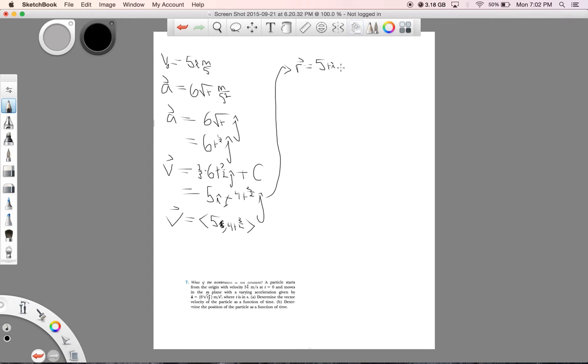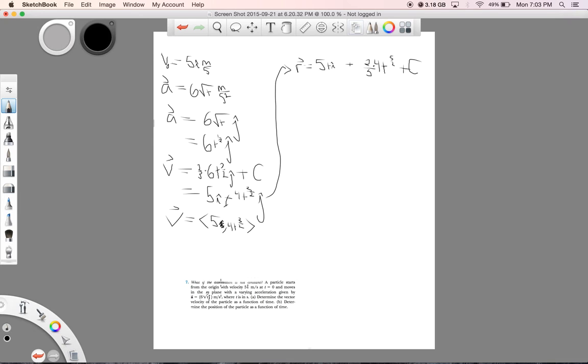And then we add to it, I'm going to leave a little bit of space, 4t, and then it's going to be to the 5/2 power. So then we'd have to multiply it by 2/5 in order to counteract it if we were to take the derivative, plus a constant, which in this case would be x naught, or the initial position.